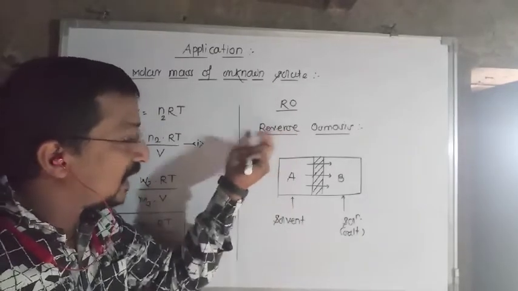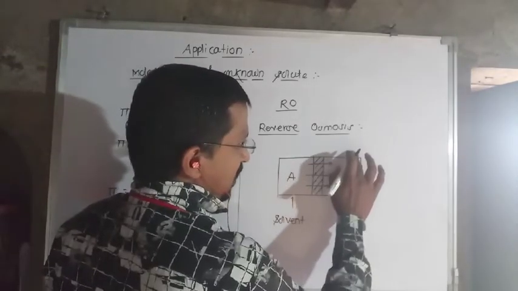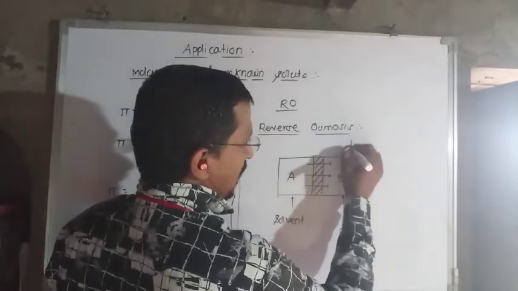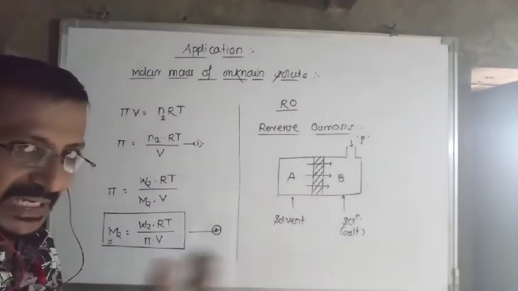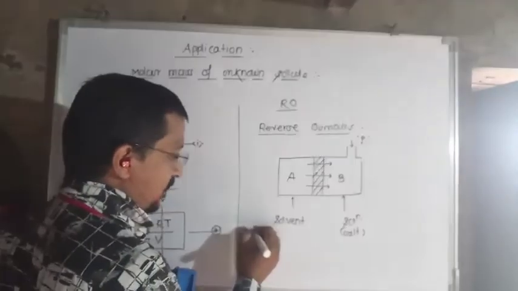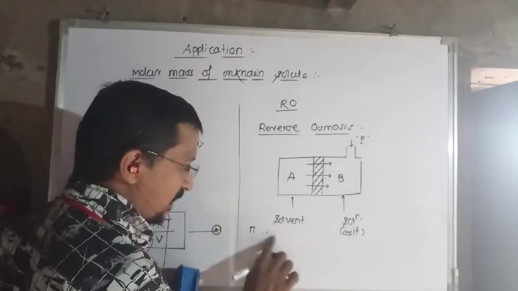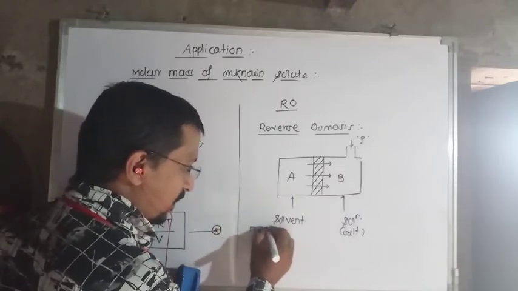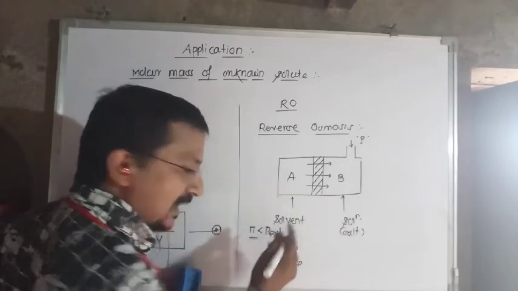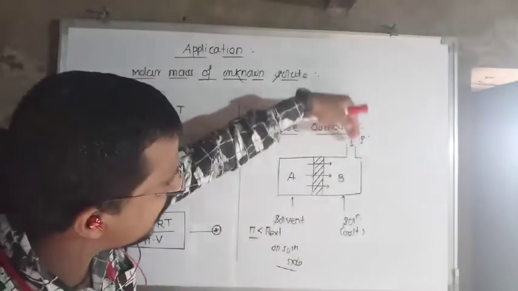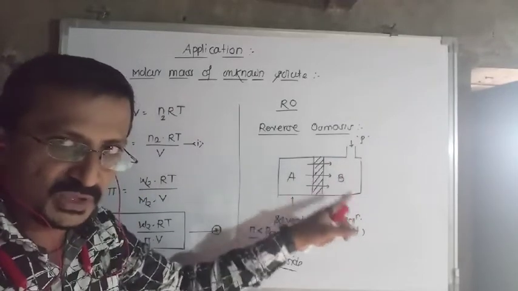But in reverse osmosis, if I apply a sufficient pressure P on the solution side, greater than the osmotic pressure π, that is, if the external pressure P on the solution side is increased above the value of π, what happens? Due to the increase in external pressure on the solution side, what happens in this solution side?